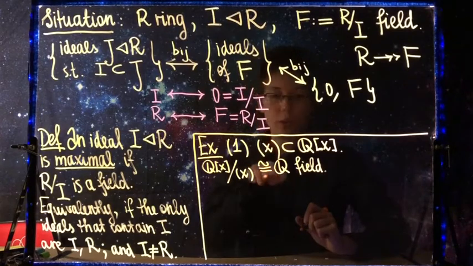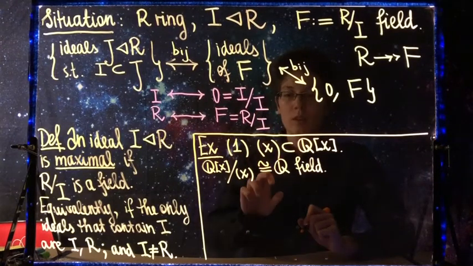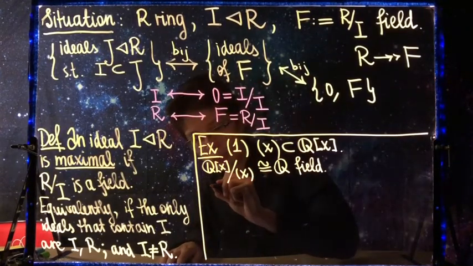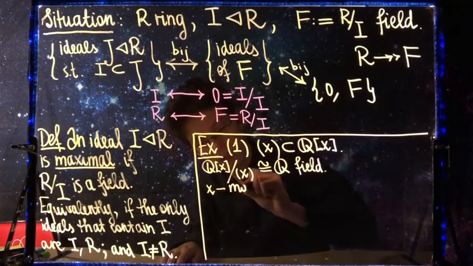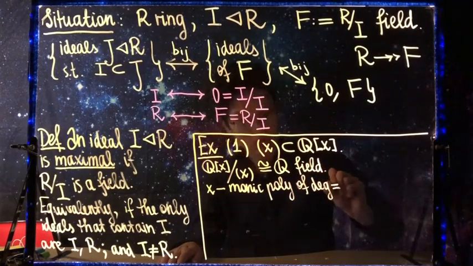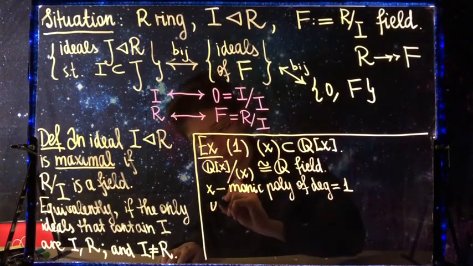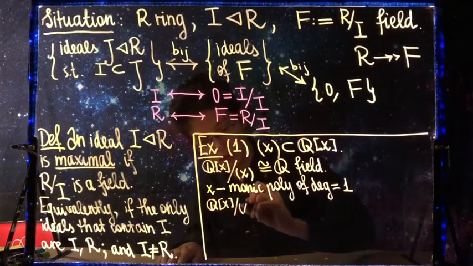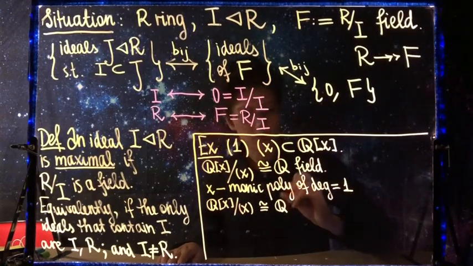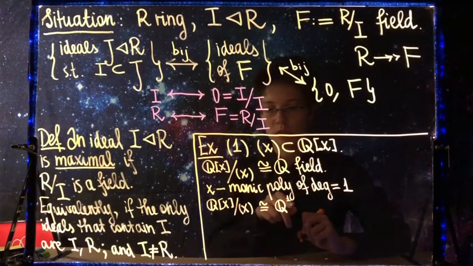How do we do this so quickly? Recall a proposition from the previous lecture, which said that if we have a monic polynomial of degree 1, then the quotient Q[x] mod (x) is isomorphic to Q taken to the power which is the degree of this polynomial, which is 1.